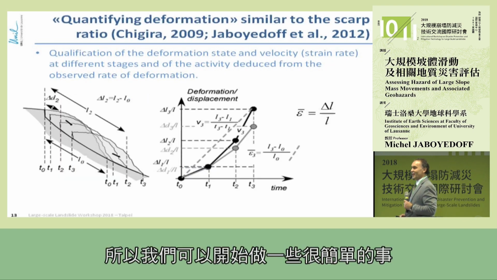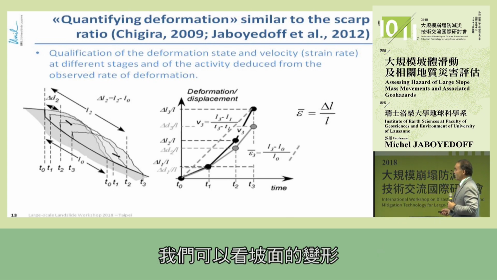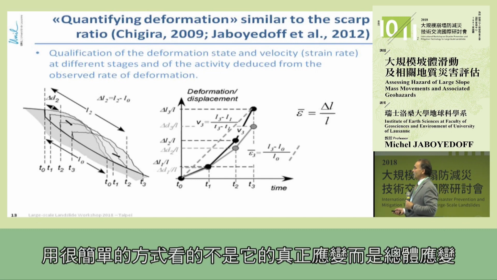So then we can start with a very simple thing, saying that we can look at the deformation of the slope in a very simple way, which is not the true strain, but a global strain.